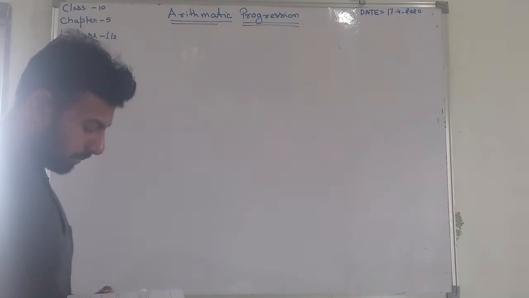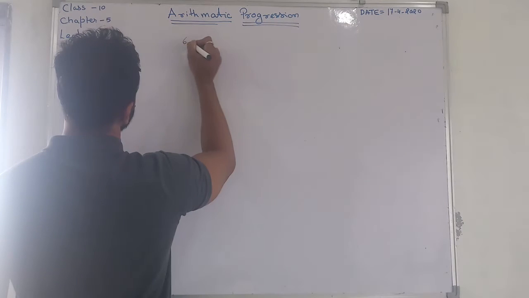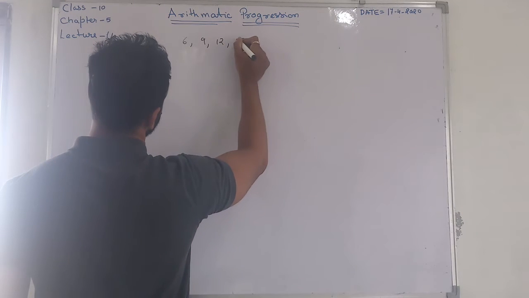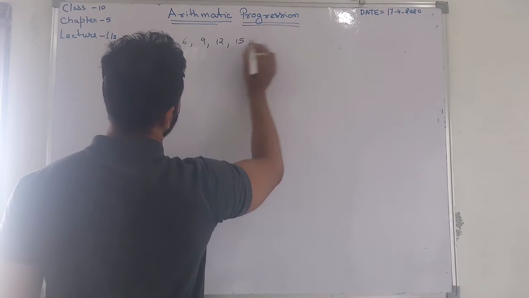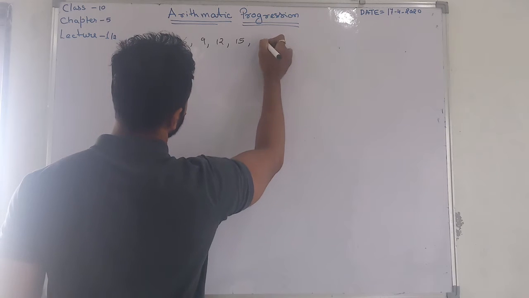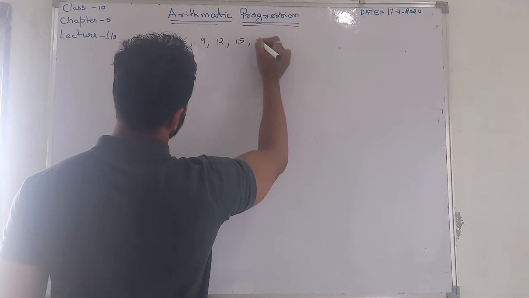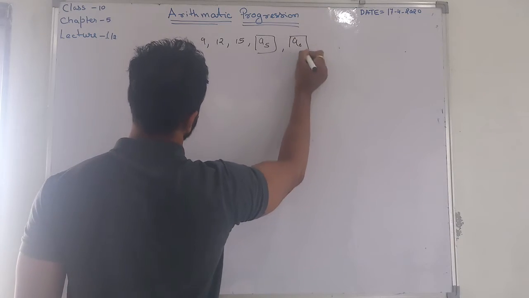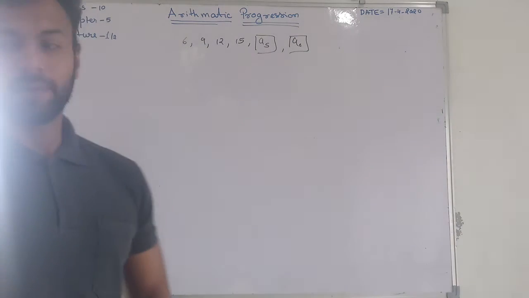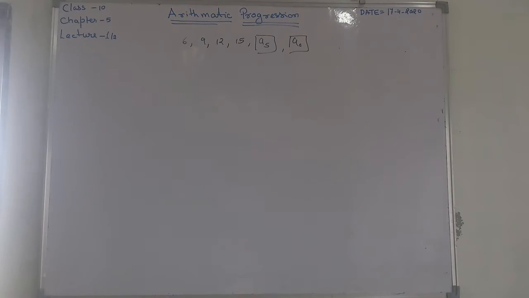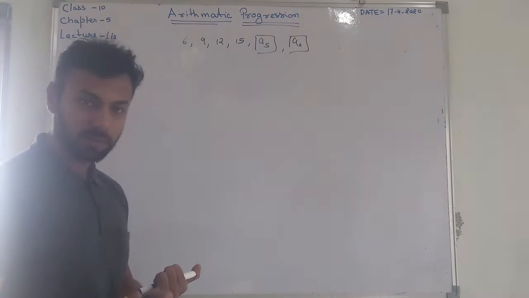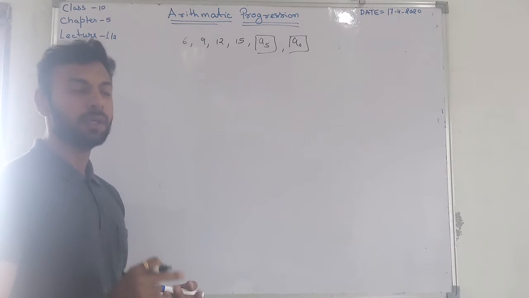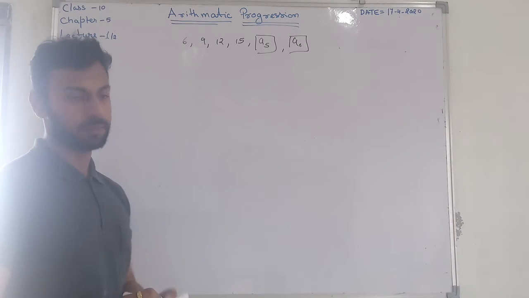We are given the numbers 6, 9, 12, 15 and the terms A1, A2, A3, A4, A5, A6. We have to identify the first term, common difference, fifth term and sixth term.